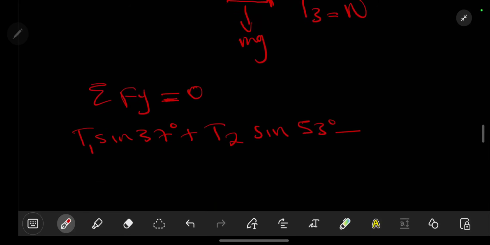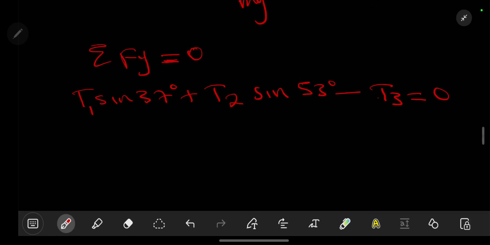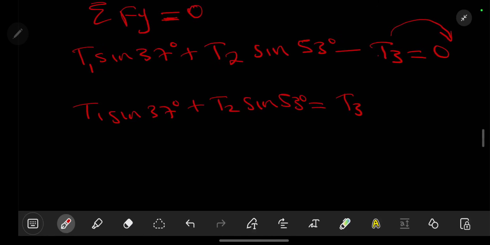So we are going to say minus our T3 will be equal to 0. Then we are going to move our T3 to the other side, so that the equation becomes T1 sine of 37 degrees plus T2 sine of 53 degrees should be equal to T3.